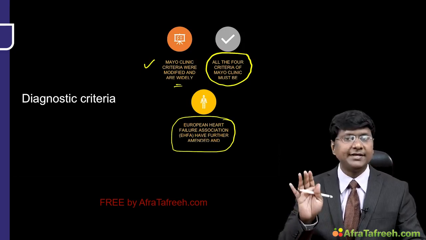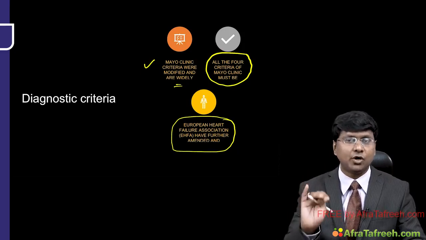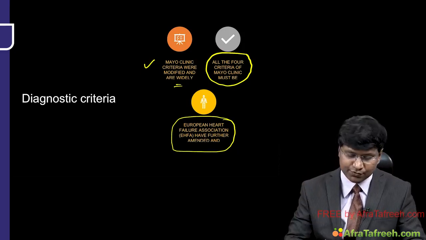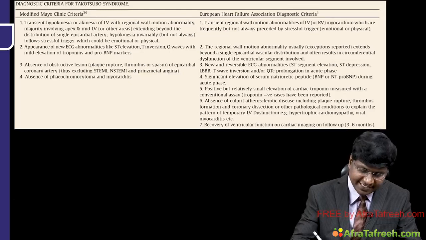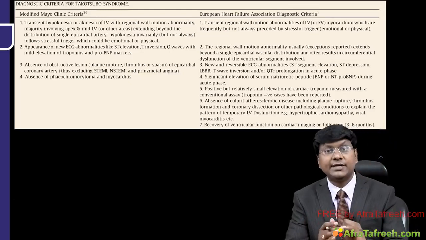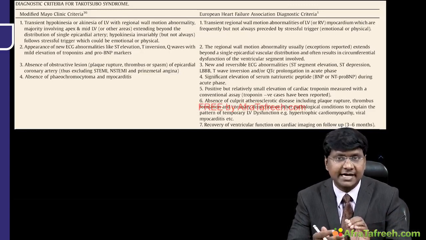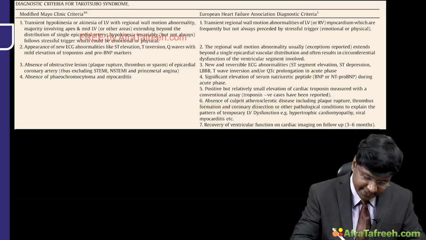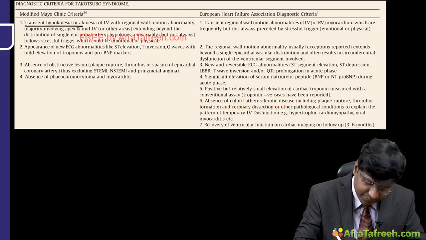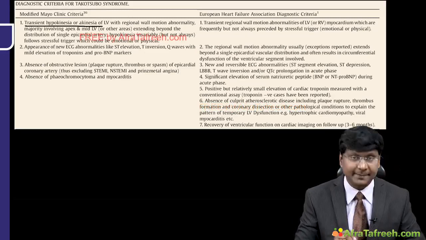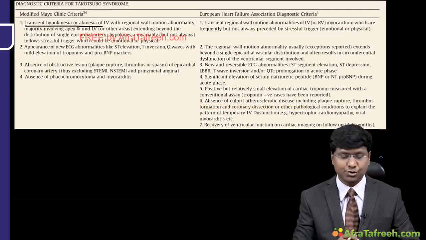In the Mayo criteria, 4 out of 4 should be there to call it Takotsubo cardiomyopathy. What are those 4? Whatever investigations we have discussed now: the 2D echo should show hypokinesia or akinesia of the apex, and there should be a preceding trigger, either physical or emotional. So transient hypokinesia or akinesia of the apex, a regional wall motion abnormality, should be there.